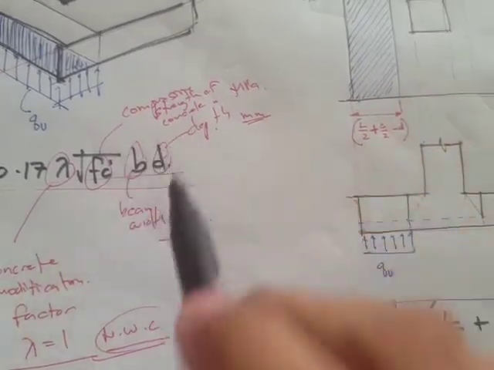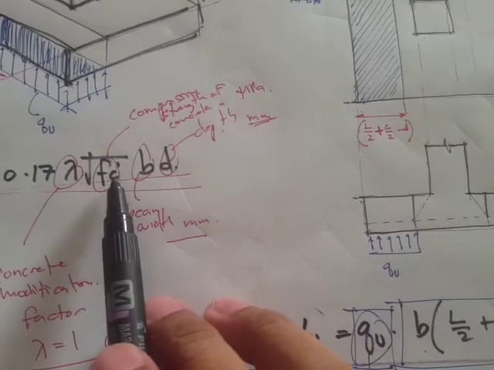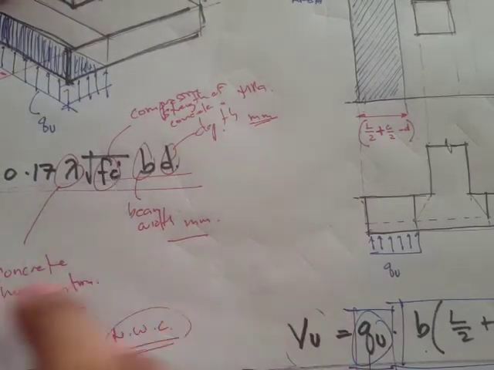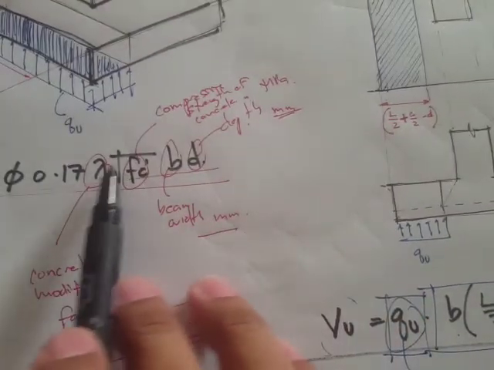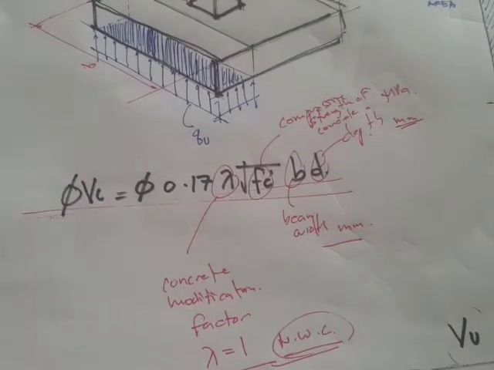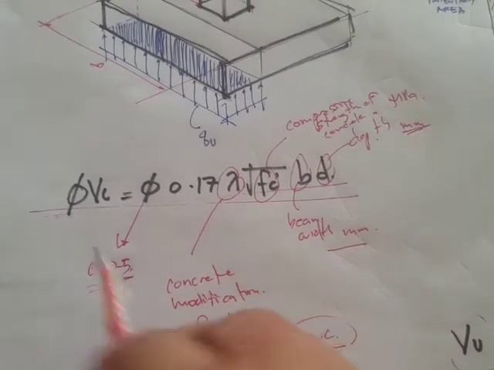So you have to convert that to mm, and then this fc prime is in megapascals, that's in Newton per mm squared, and we have these factors. The value of the strength reduction factor, since this is shear, is 0.75.